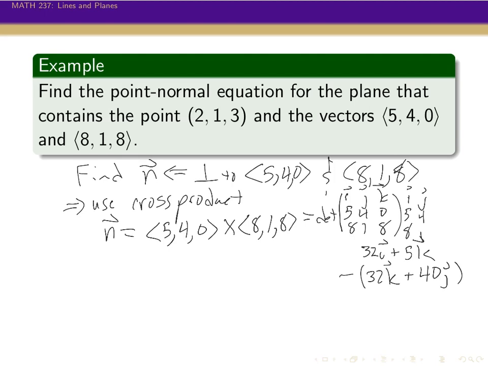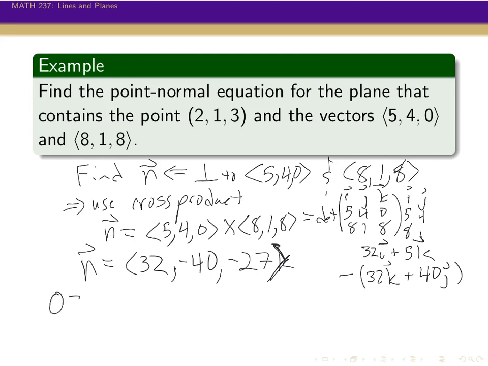So putting these together, I get n is 32i minus 40j, and then 5 minus 32 is going to give me minus 27 for k. And so there's my vector n, there's my normal vector, and so then I can do n dotted with x minus 2, y minus 1, z minus 3, and I get the equation of the plane.